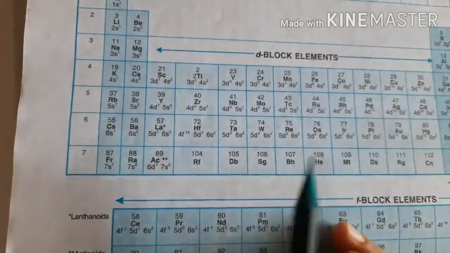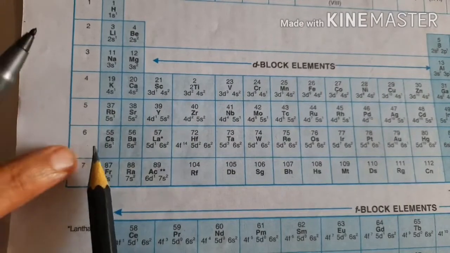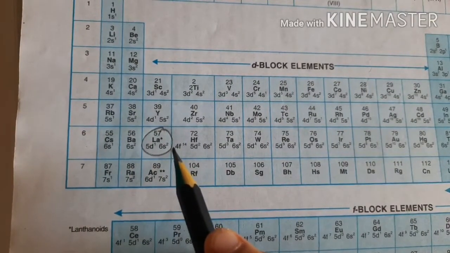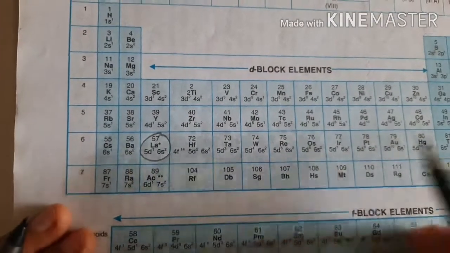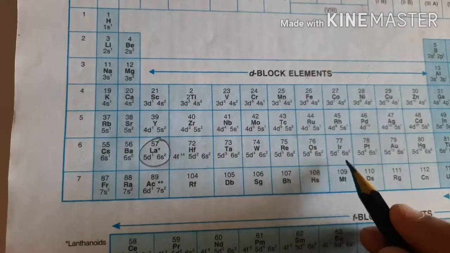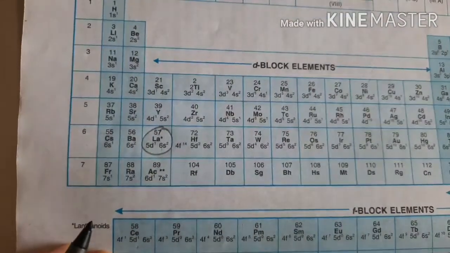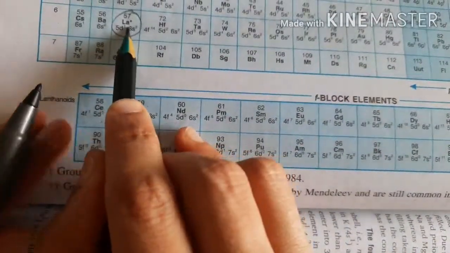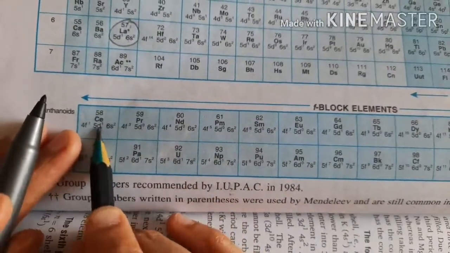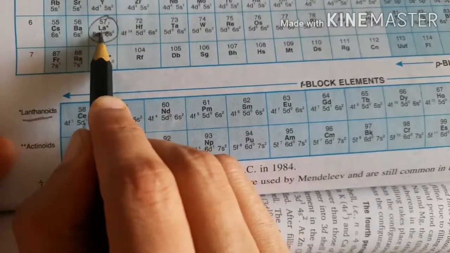In group 3B, in the 6th period, there is a set of elements with atomic numbers 57 to 71, beginning with lanthanum, which is why they are called lanthanides. Here 57 is given, and after 57, elements 58 to 71 are in the f block, after the lanthanide La.